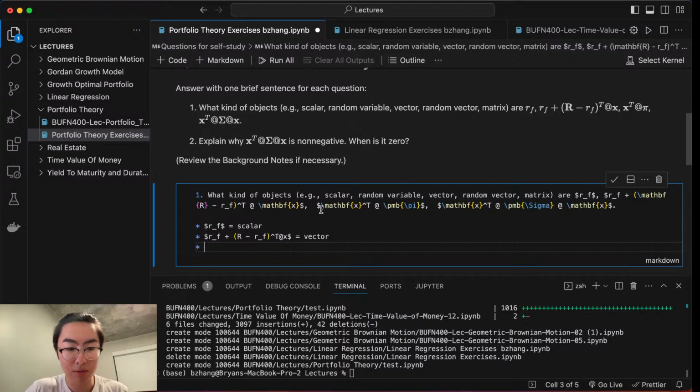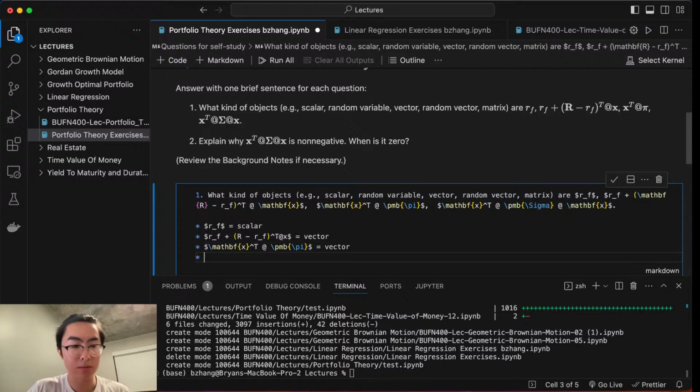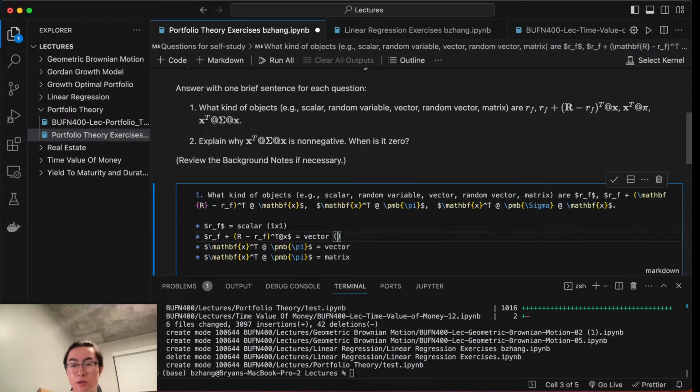We have X transpose pi, vector transpose X, the matrix, 1 by 1. Okay, so we have risky returns minus risk-free rates times transpose.